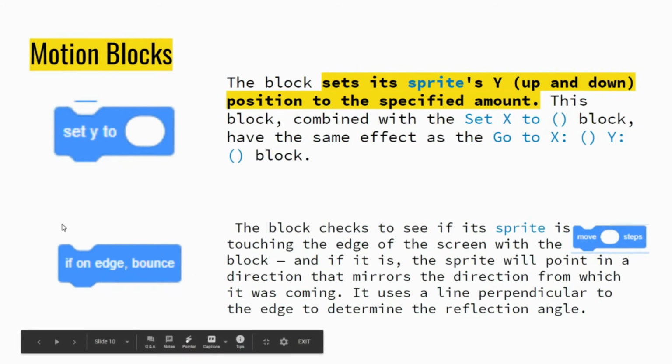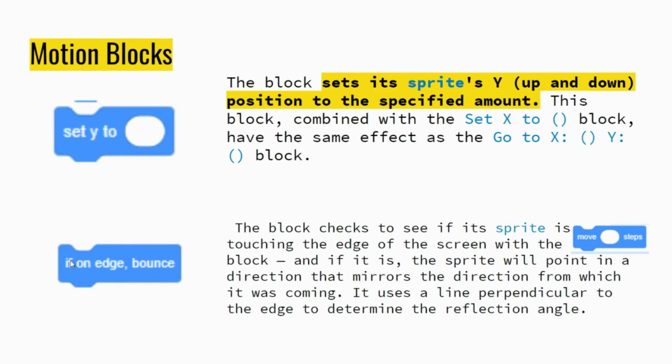As I told you, from the name itself, if the sprite is on the edge, it will bounce back. Later I will show you an example, but this code is used to bounce back your sprite if it is already on the edge of the screen.